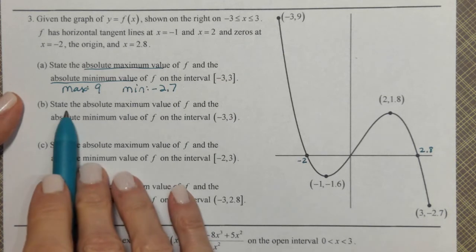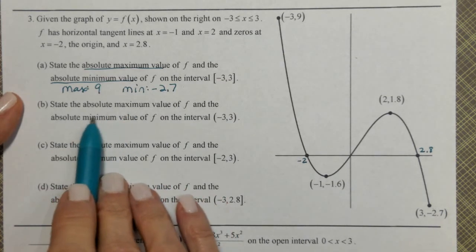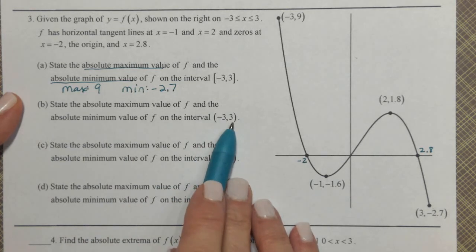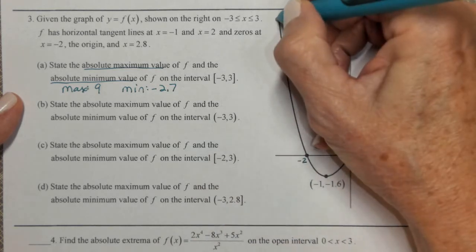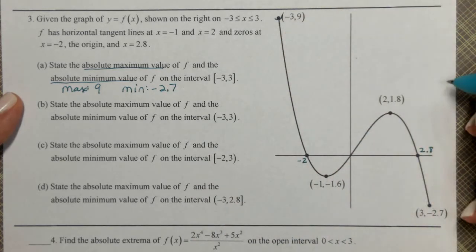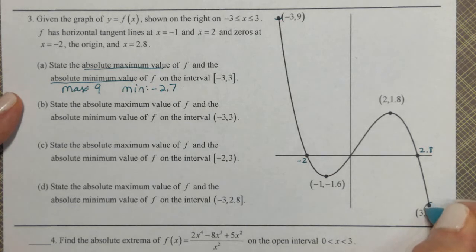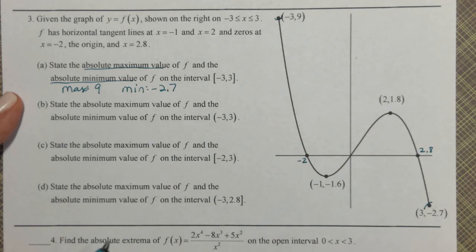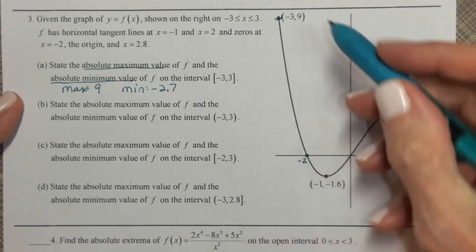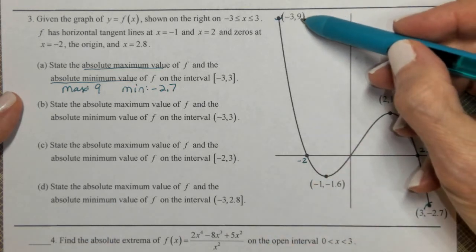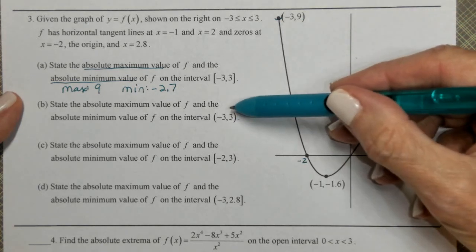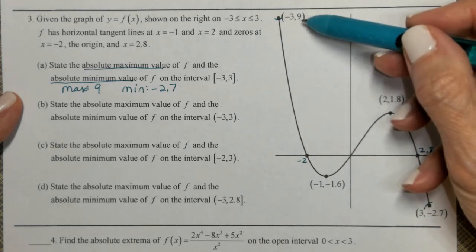Okay? Now they ask us to state the absolute max and the absolute min on the open interval -3 to 3. So now we're not including exactly -3 and exactly 3. So what is the absolute max and the absolute min now on this open interval? Well, a lot of students here will say the absolute max is 9, but on the open interval, does the y value ever reach 9?